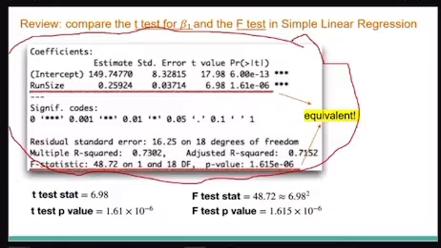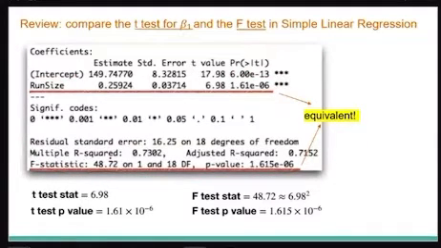For simple linear regression, if you are conducting a hypothesis test on the significance of the slope, you make use of this p-value. That's for the t-test. But for the F-test, it is this one and this p-value.